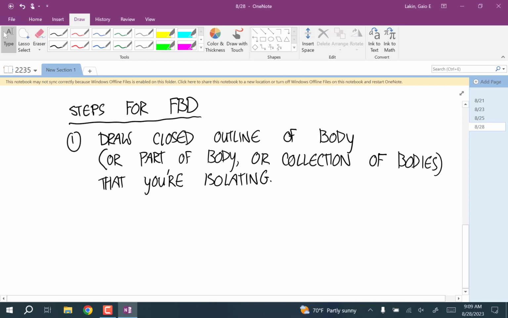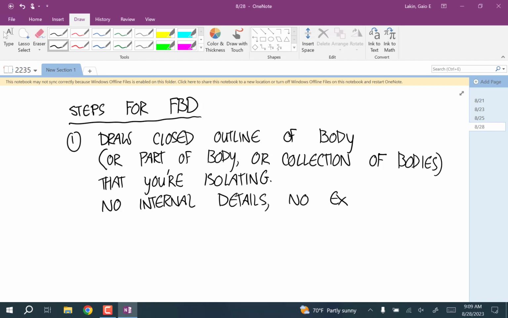In this outline, there are no internal details. And no external objects. The whole point of the free body diagram is to be very clear to yourself about where the boundary is between what you're isolating and what you're not isolating. Okay?